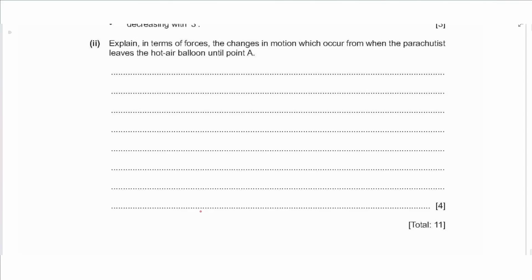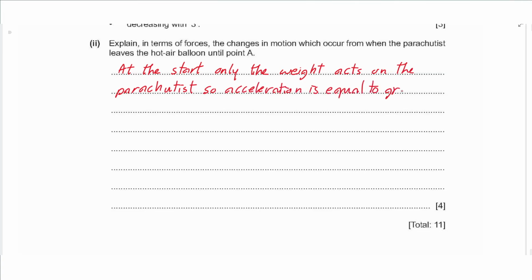Part I says explain in terms of forces the changes in the motion which occur from when the parachutist leaves the hot air balloon until point A. So this is before the parachute opens. At the start, only the weight acts on the parachutist, so acceleration is equal to gravity acceleration.